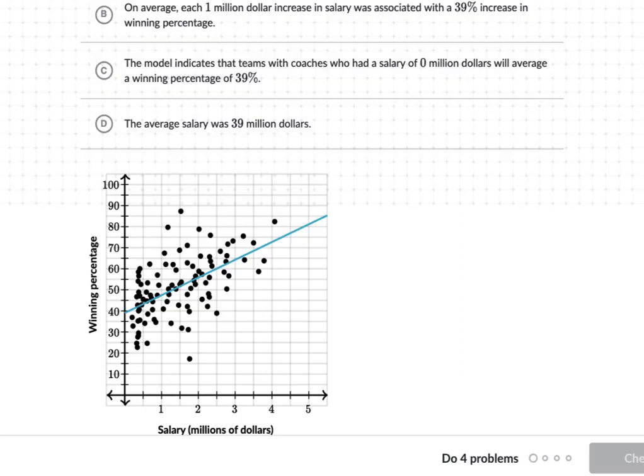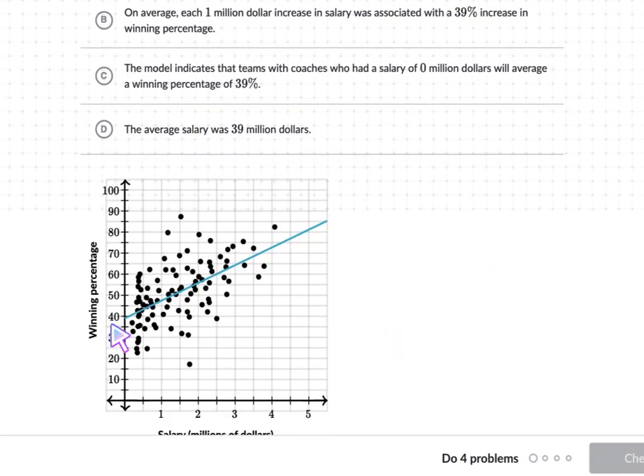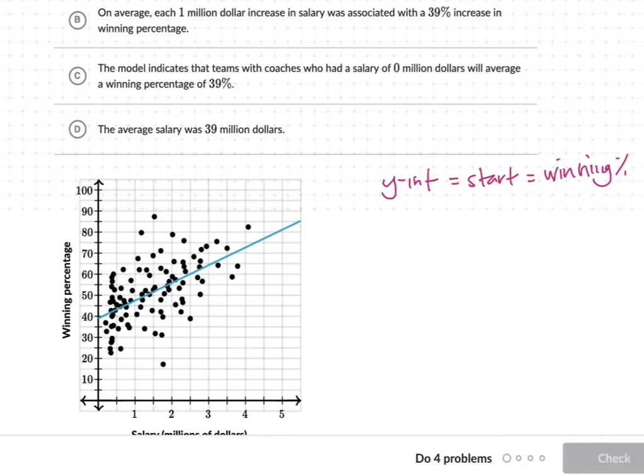All right, so let's take a look at each of our statements. And also remember that 39, if that's your y-intercept, that's your starting point. And in this case, it's your winning percentage. So I'm just writing all that information down, the winning percentage.